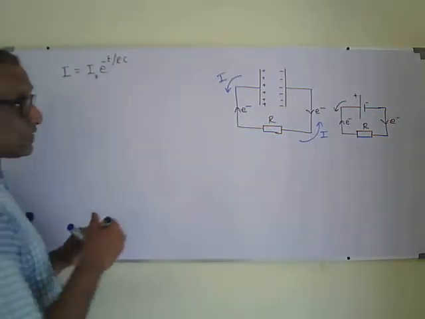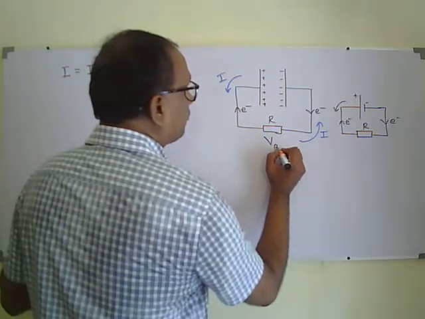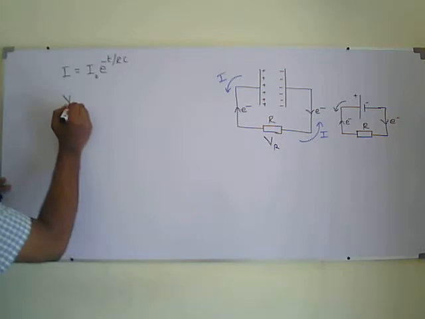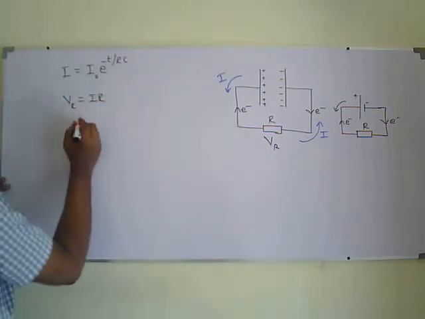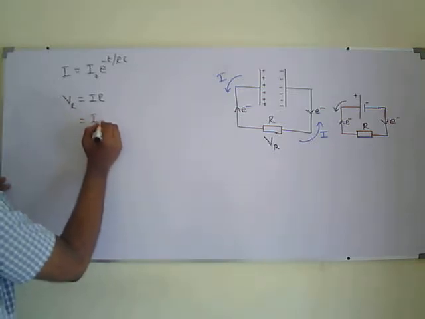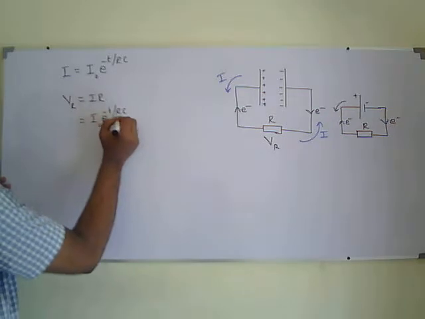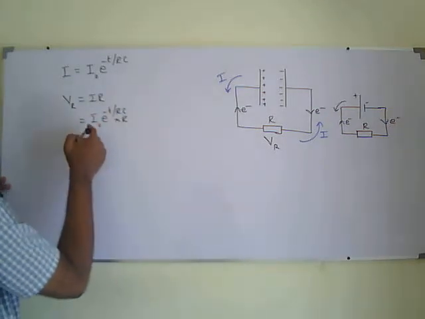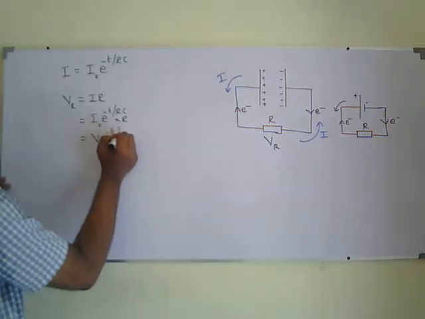So the voltage across the component, VR, is equal to IR. So the voltage across the component also will decrease exponentially. That is, I naught R is V naught, so V equals V naught e to the power minus t over RC.